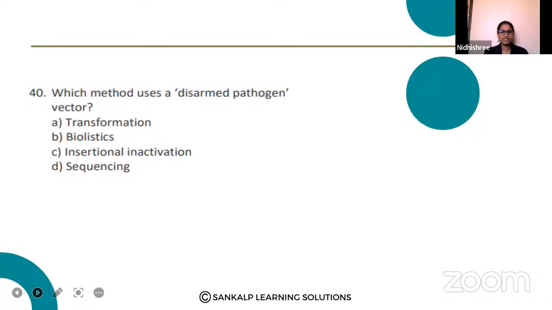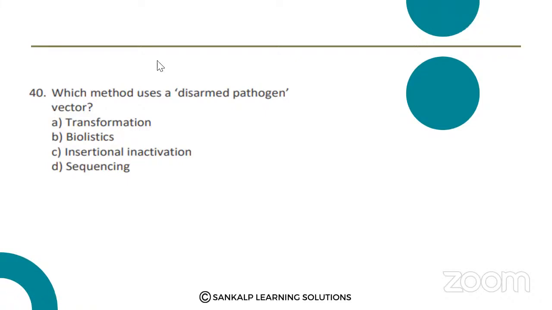Which method uses a disarmed pathogen vector? Option A, transformation. Option B, biolistics. Option C, insertional inactivation. Option D, sequencing. Option B, ma'am.